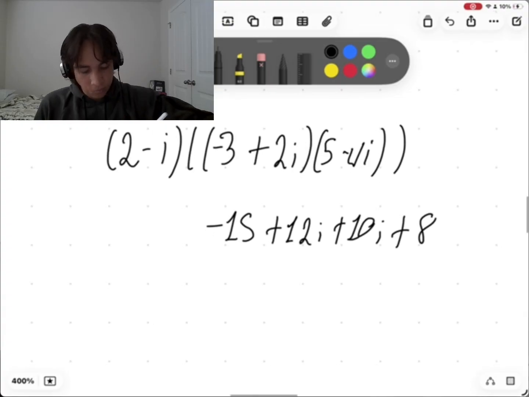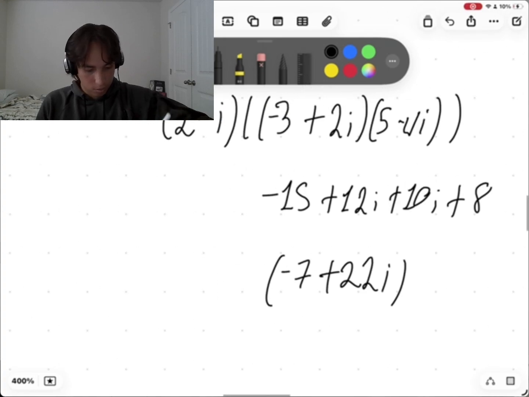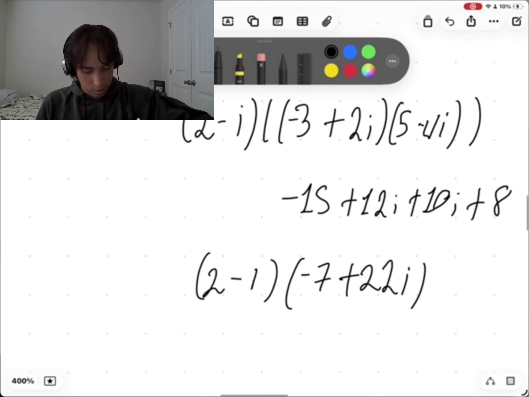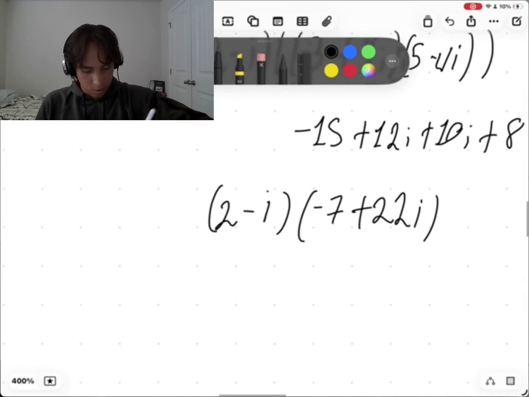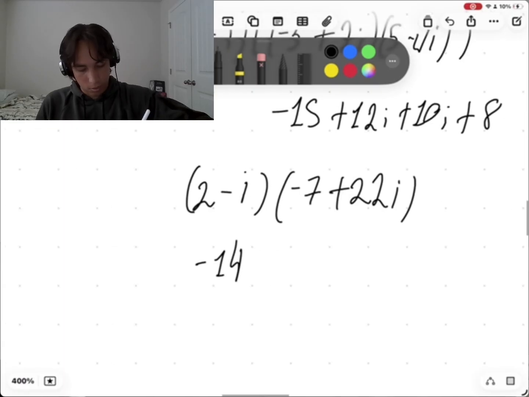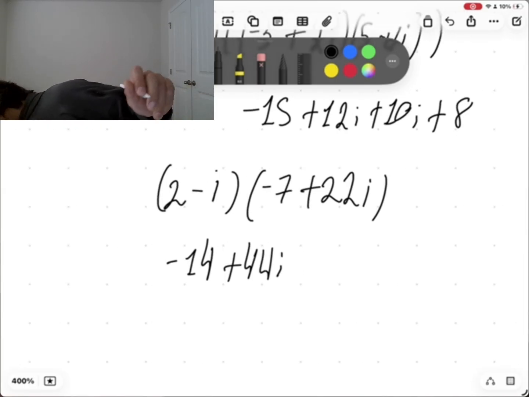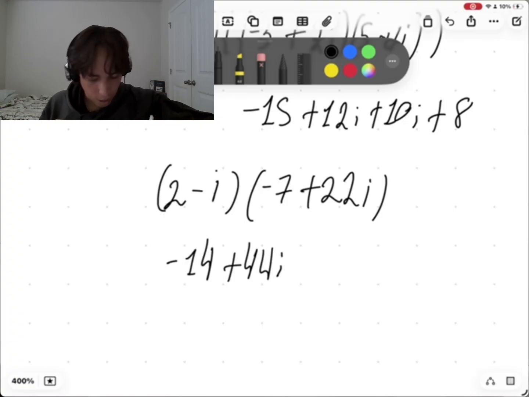So this becomes negative 7 plus 22i, times 2 minus i, right? And we do FOIL again. We get negative 14 plus 44i. Yeah, 44i.